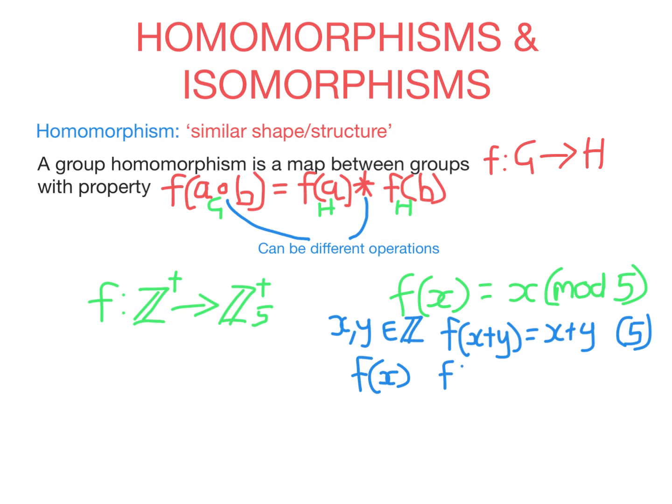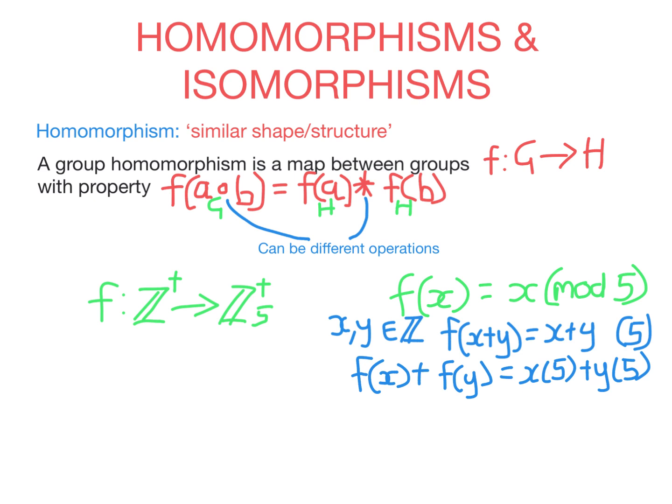We have f of y, the image of y, and then we add them. So we would get x mod 5 plus y mod 5. So we already know that these two are equal. It doesn't matter whether you add integers first then reduce modulo 5 or you reduce each integer modulo 5 and then add them.